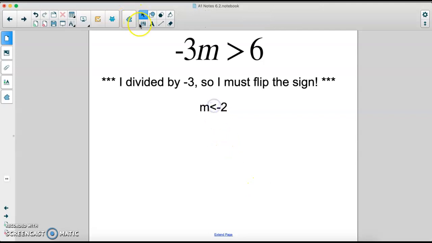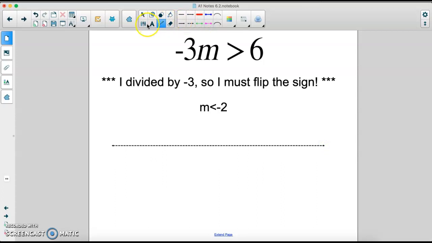Now I don't graph this any differently. Just because I flip the sign doesn't mean that I change how I graph. My value that I care about is still negative 2. I still circle, and I still put the arrow going less because m has to be any values that are less than negative 2.